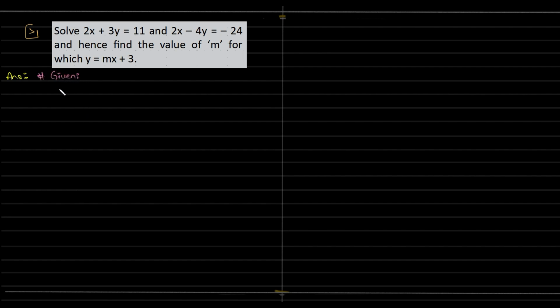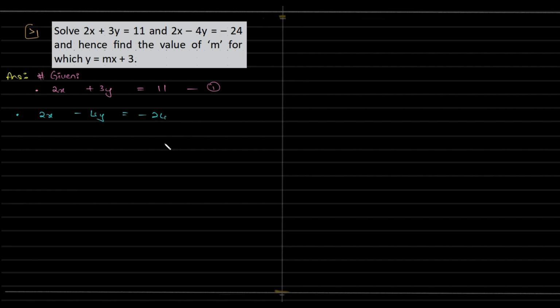So we're looking at 2x plus 3y is equal to 11. So can't do much with this. And then we are looking at 2x minus 4y equal to minus 24.